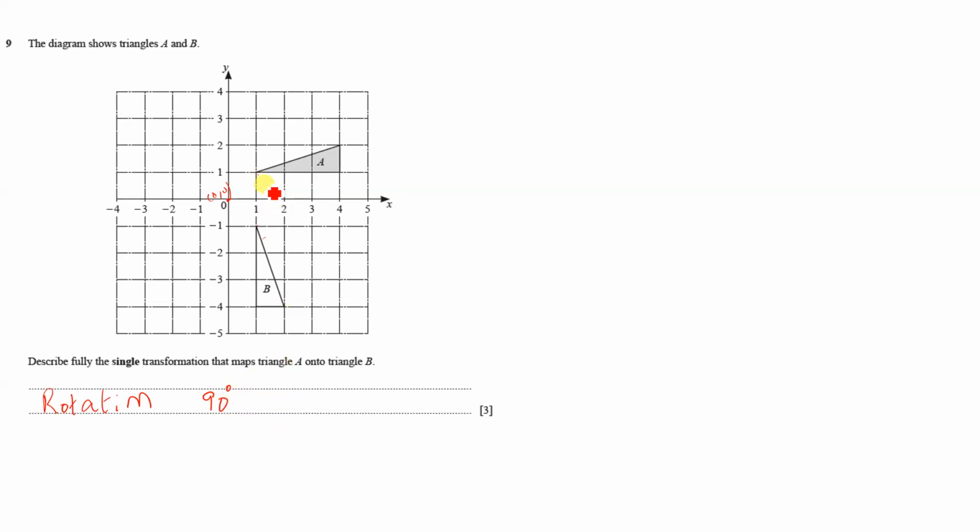And this is going this way, so its direction is clockwise.